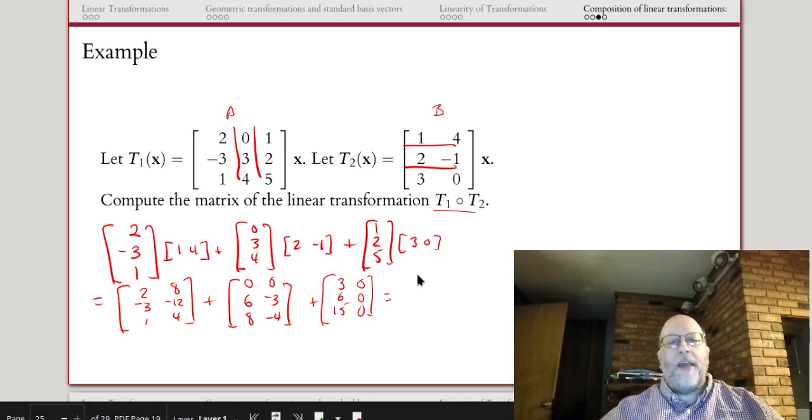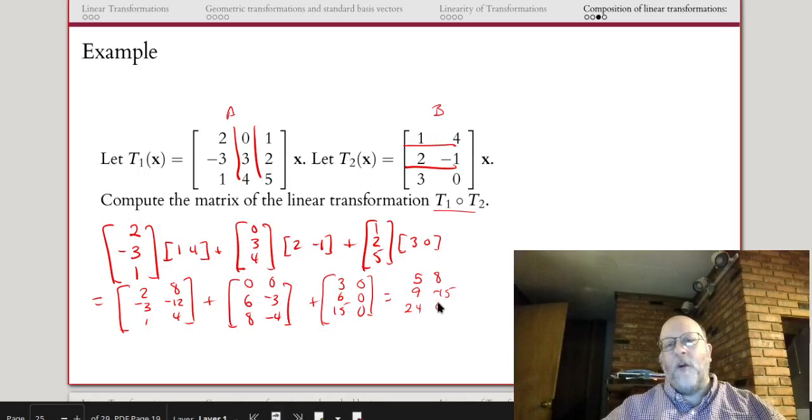When we add these together, we get 5, 8. Then we get 3 and -3 and 6 is 3. 3 and 6 is 9. -12 and -3 is -15. 1 and 8 is 9. 9 and 15 is 24. 4 and -4 cancel.